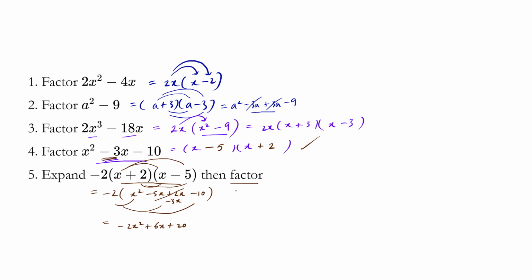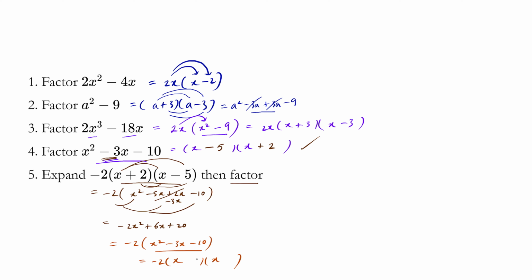Now let's try factoring. The first thing that we always do when factoring is to pull out the common factor, negative 2. So we have x squared minus 3x minus 10. We see a trinomial here, so let's see if we can just quickly factor this by sight.